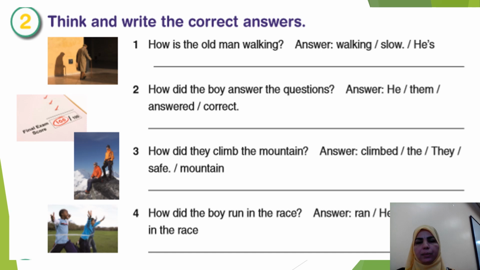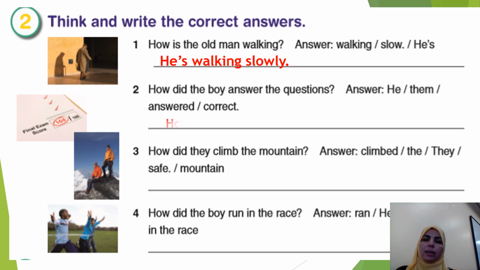Okay, my students, now let's check your answers. Question number 1, how is the old man walking? The answer is he's walking slowly. Slowly here is an adverb. It describes walking, the verb. Number 2, how did the boy answer the questions?